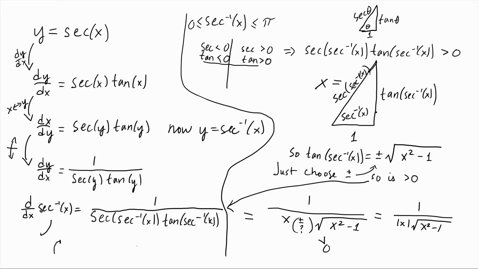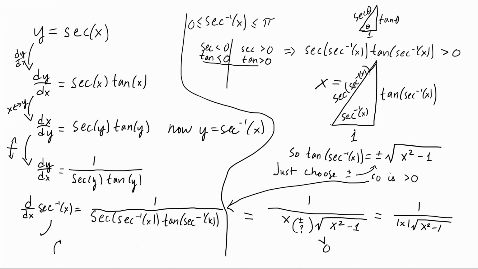So with this Pythagorean theorem, we have x here, we have 1, and we have this length. Now, if we want to figure out what tangent of secant inverse of x is, we can use the Pythagorean theorem here, or just realize the Pythagorean theorem extends as we go all the way around the unit circle. Well, it's not a unit circle in this case, because the hypotenuse isn't 1, but nonetheless, everything scales up and down.